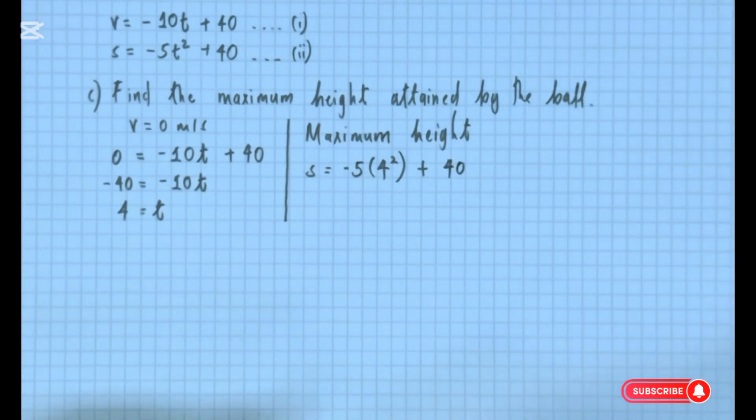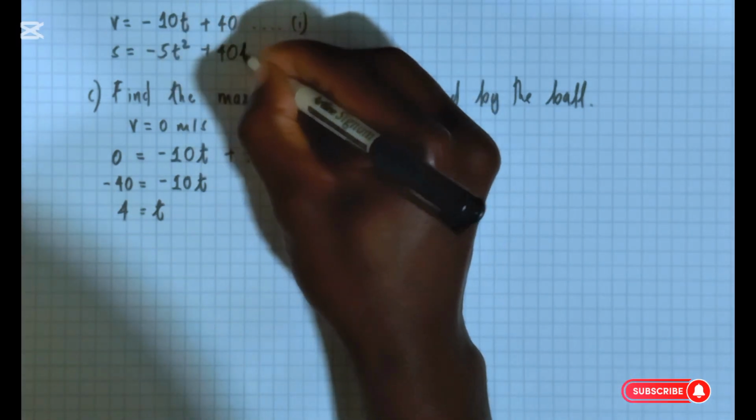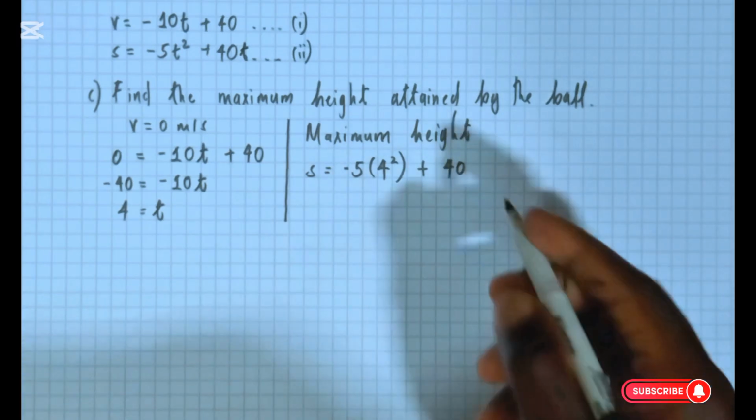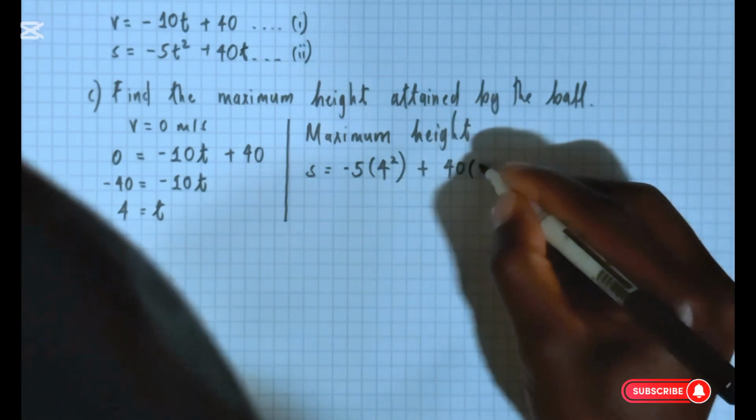-5, 4 squared plus, was it 40 or 40t? Let me find out. Yes, it was 40t. I forgot a t here. So it's plus 40 into 4.